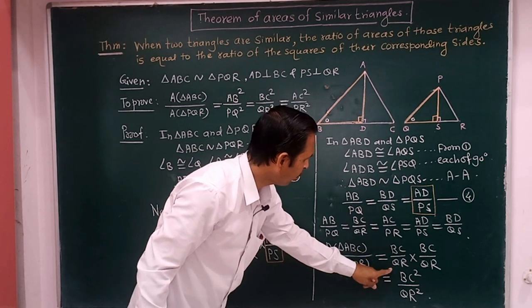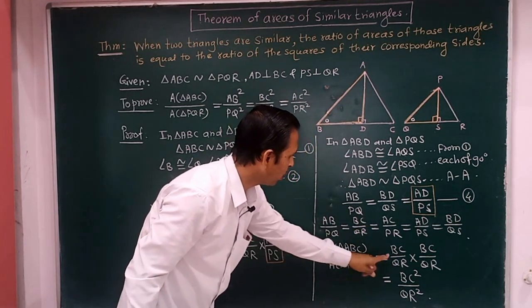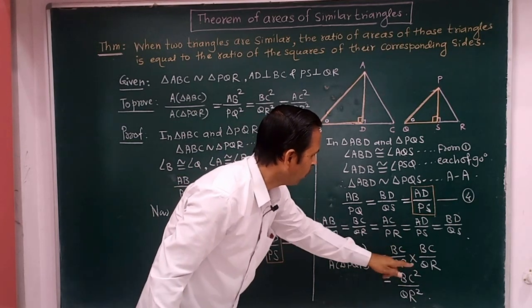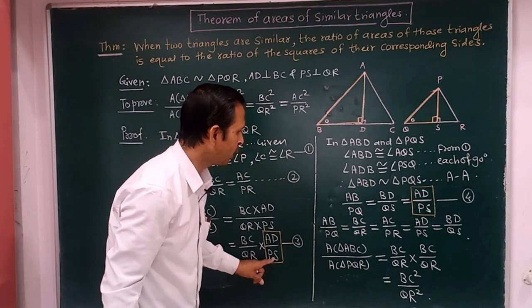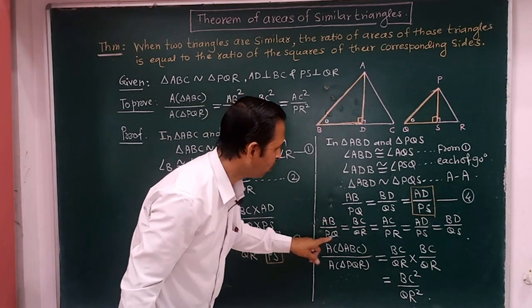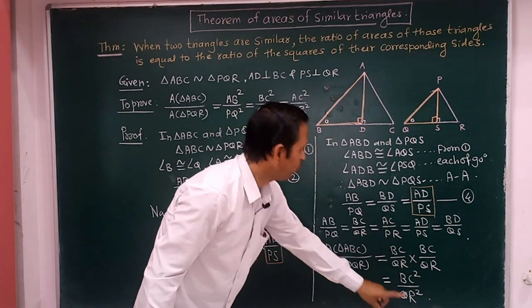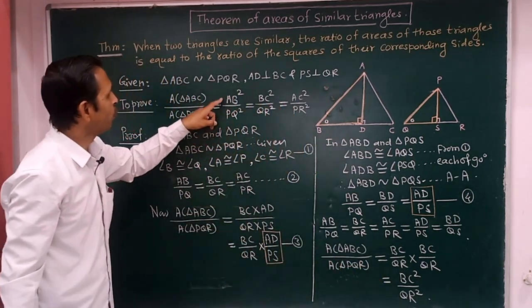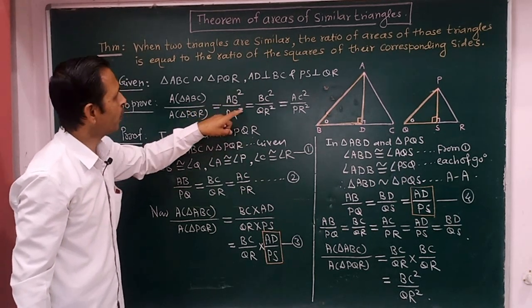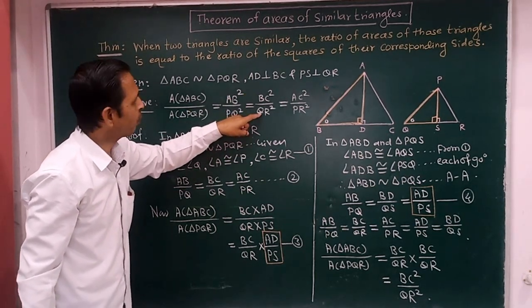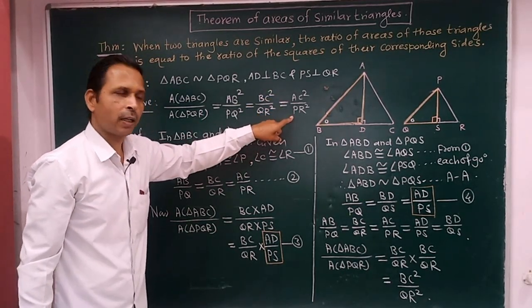Or in this statement, if you replace BC upon QR with AB upon PQ and again AD upon PS with AB upon PQ, we will get AB square upon PQ square. In this way we get AB square upon PQ square is equal to BC square upon QR square is equal to AC square upon PR square.